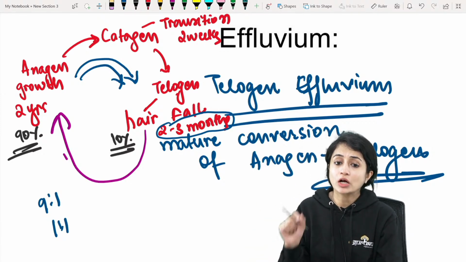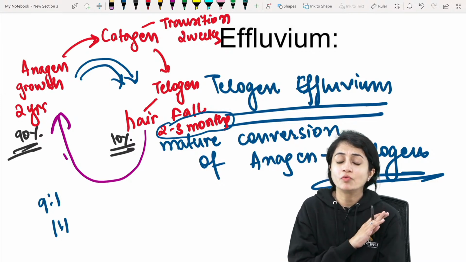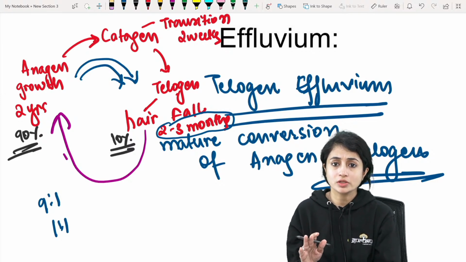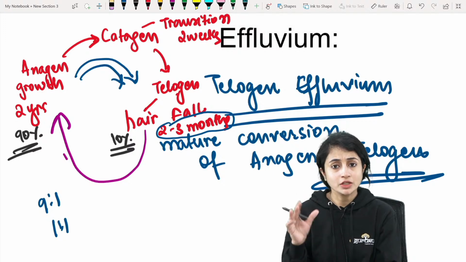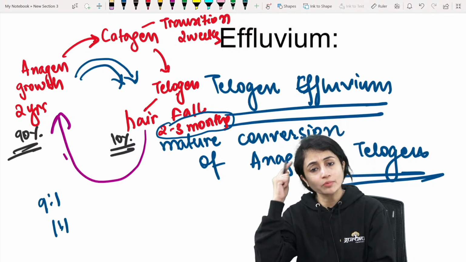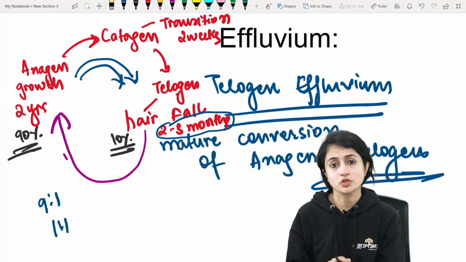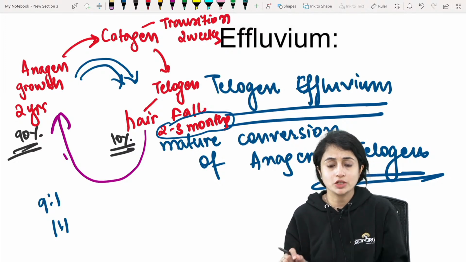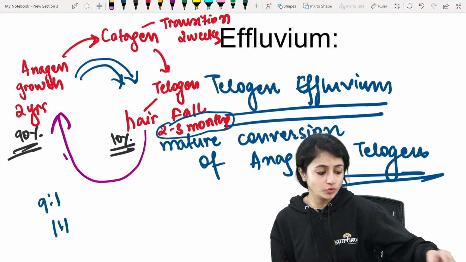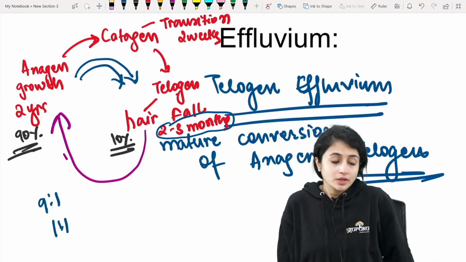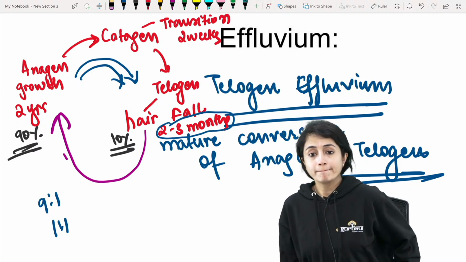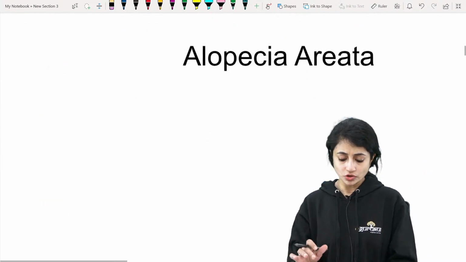But you have to counsel the patient that it was not a permanent hair loss. It's not a permanent hair loss. Eventually they will fall off and the same roots will go into the anagen hair and grow again. So you just need to counsel these patients. So this is called as effluvium. Okay, I hope it's clear now, Nikki. In case there's still any confusion, you can ask me.